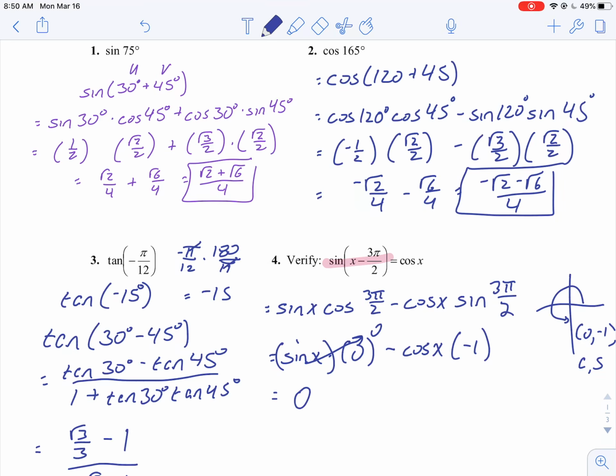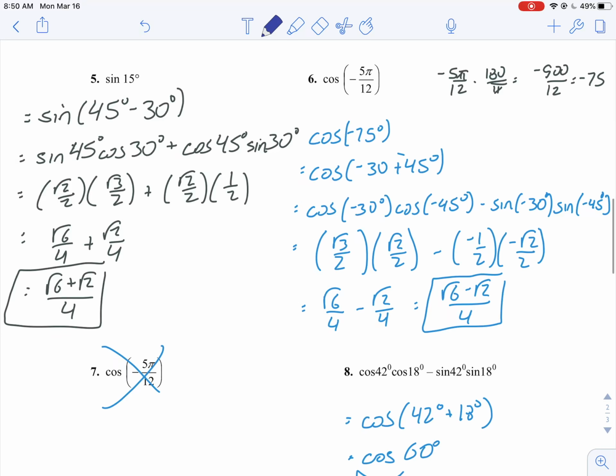And negative cosine of x times a -1 is a positive cosine of x. And we can just simplify this by writing 0 plus cosine of x is cosine of x, which is my right-hand side. So I verified that the sine of x minus 3 pi over 2 is equivalent to cosine of x.